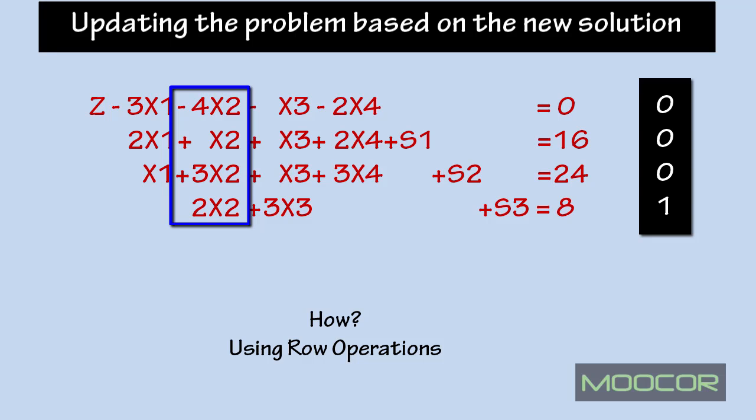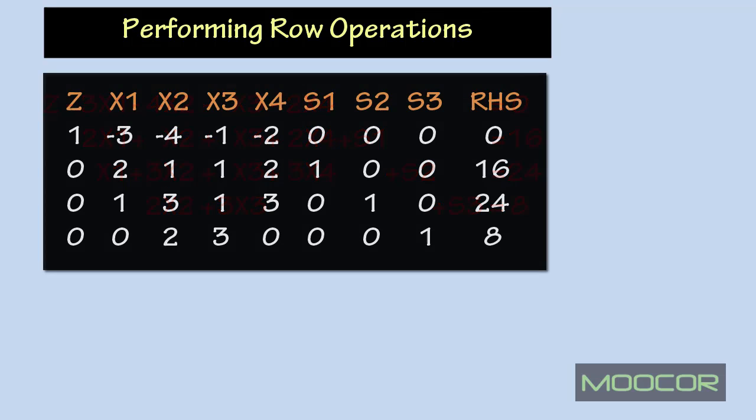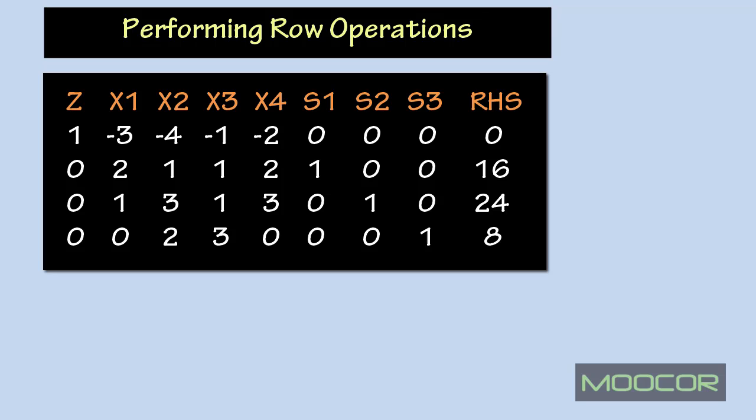So let's look at the steps that we are going to be taking for row operation. Again, as I said, instead of using the complete set of the problem, I only use the coefficients. So this is the same problem written just with the coefficients of the variables.